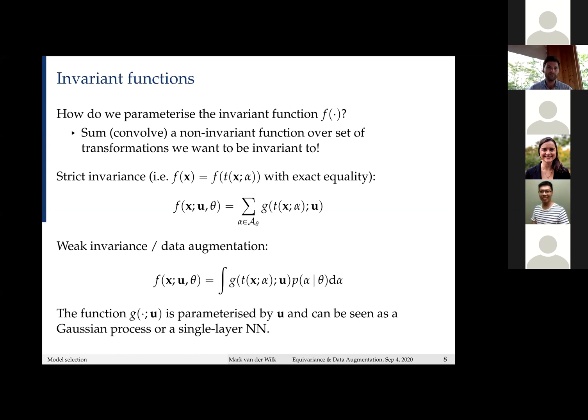So this is a construction that allows you to construct functions which are strictly invariant, that have this invariance property with a strict equality.